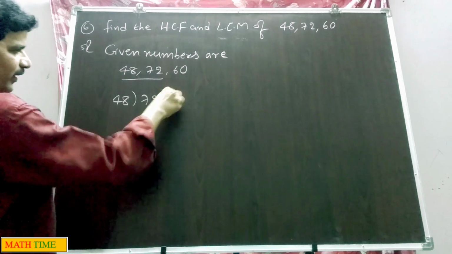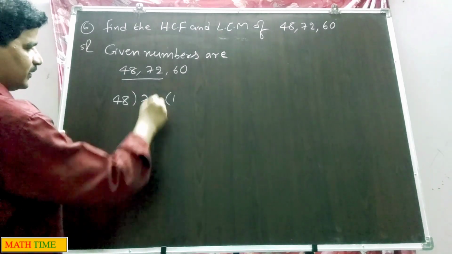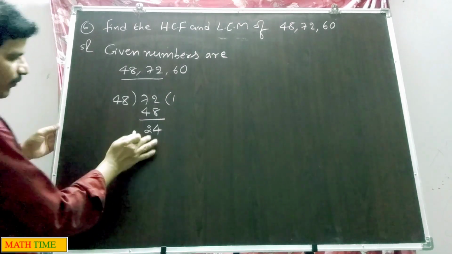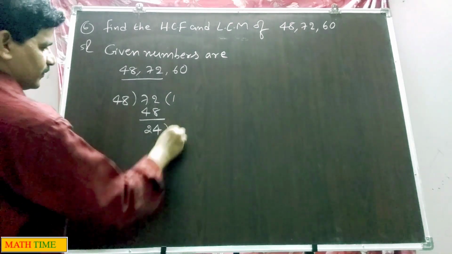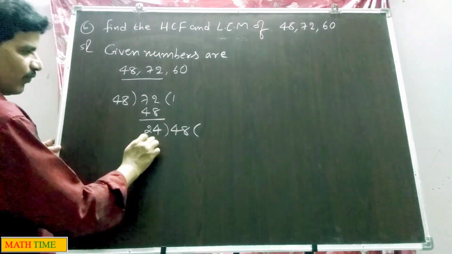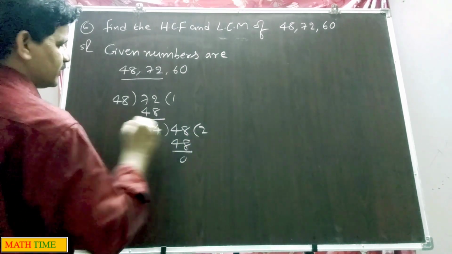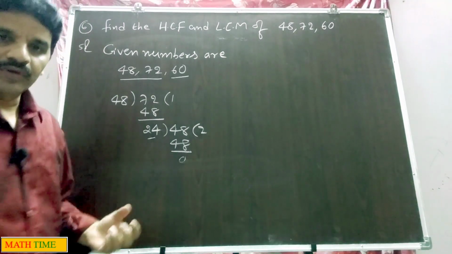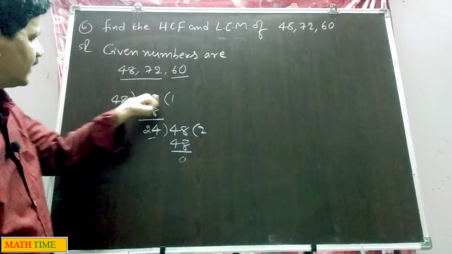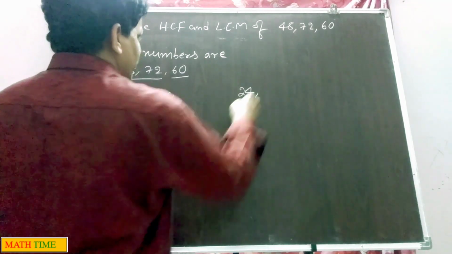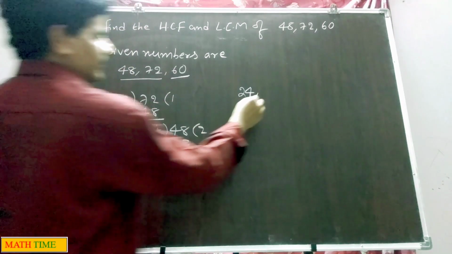48 goes 1 time in 72, 1 into 48 is 48. The remainder is 24. Now 24 divides 48. 24 goes 2 times, 2 into 24 is 48. We are getting 0. Therefore the HCF of 48 and 72 is 24. And the remaining number is 60.